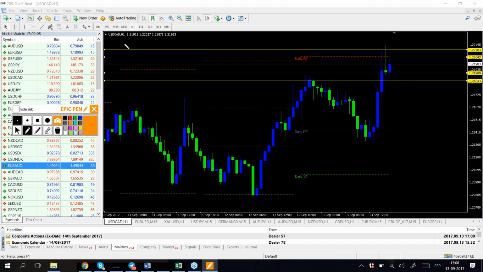The answer in dollar CAD, for example, with the information that we have at the moment, is as follows. If you put your chart in 1 hour, you will see with much better precision what happened with the opening of today. We know the US market opened here and the Europe market opened here. So this is the first thing you have to take from the price: where did the market open, and where did the market close?